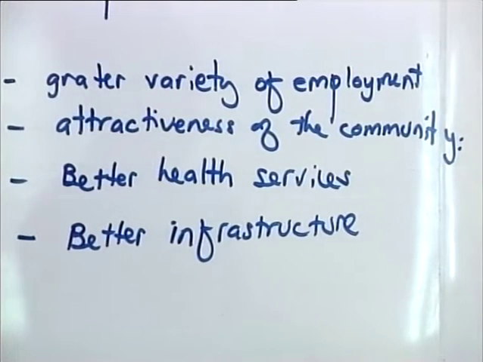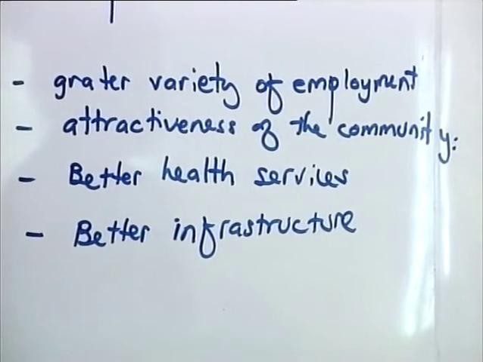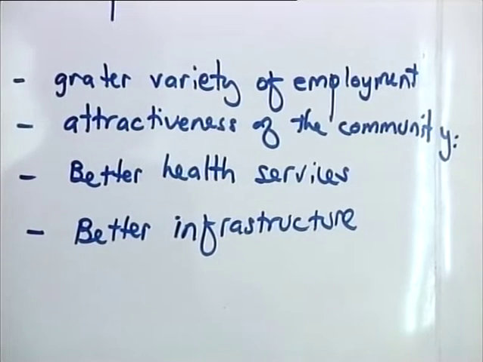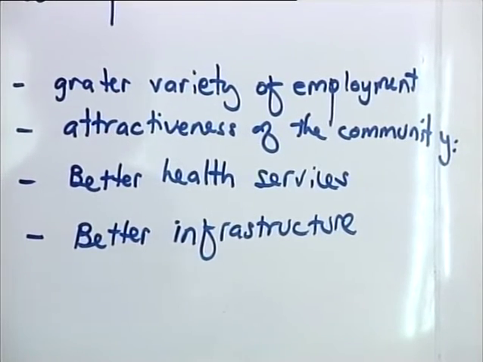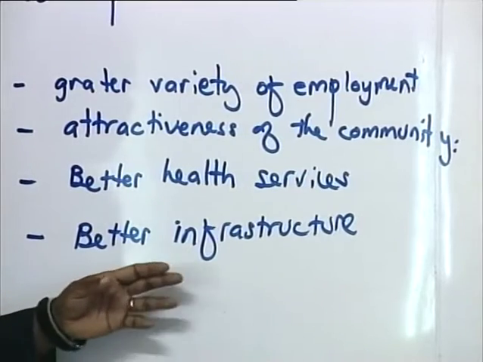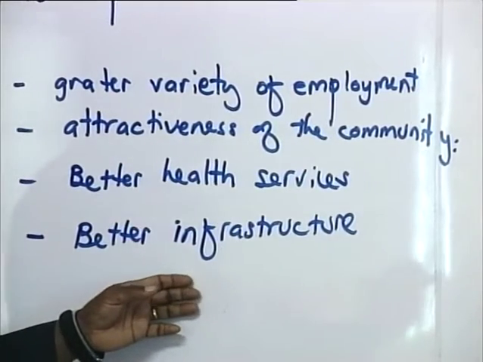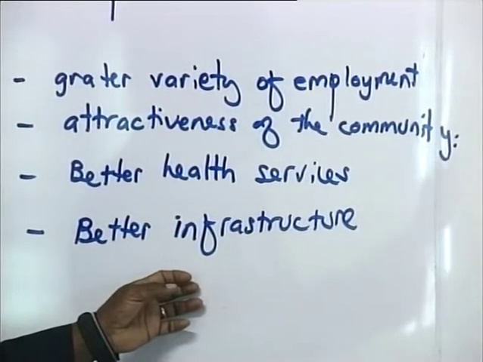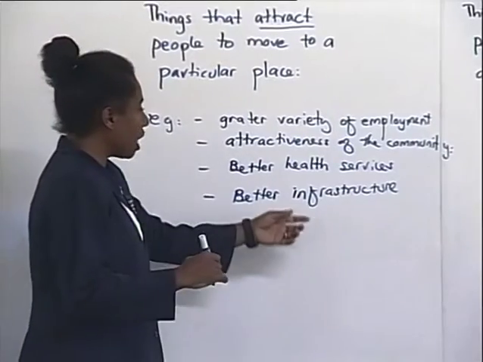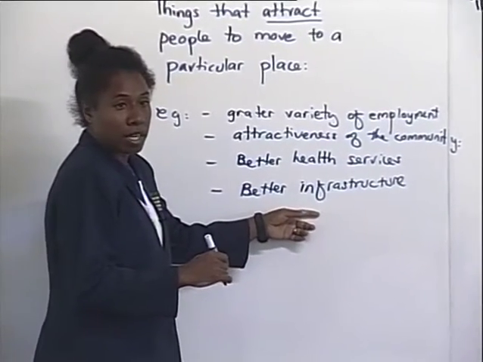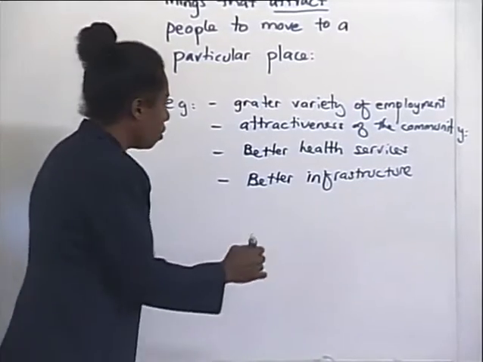Say, for example, a lot of high-rise buildings, a lot of buildings made of modern material also attract people to come to that particular area. So when we look at infrastructure, we can include buildings. We can also include things like water supply, sanitation, roads, etc., which can all come under the term or concept infrastructure. Okay, good.